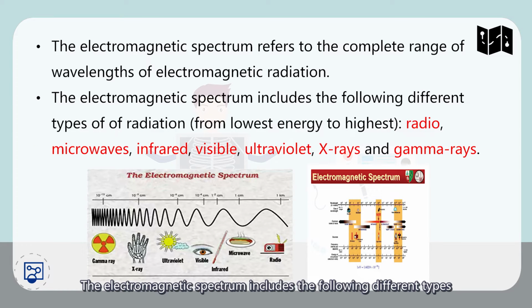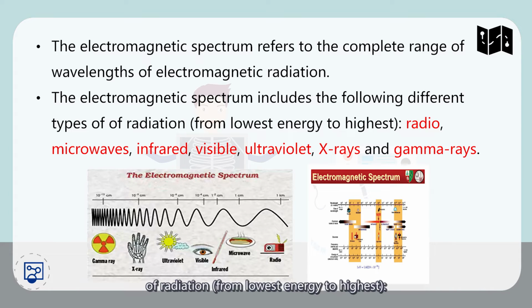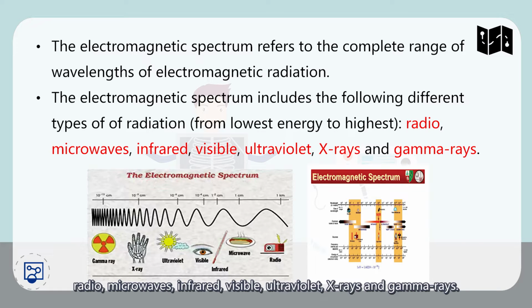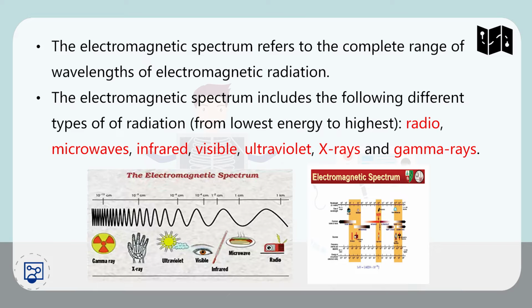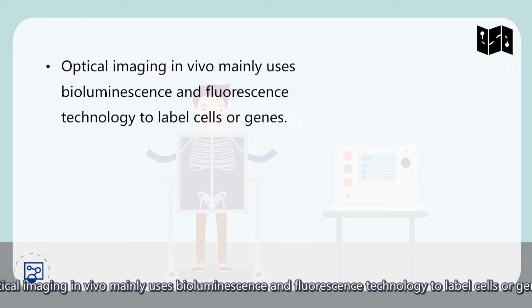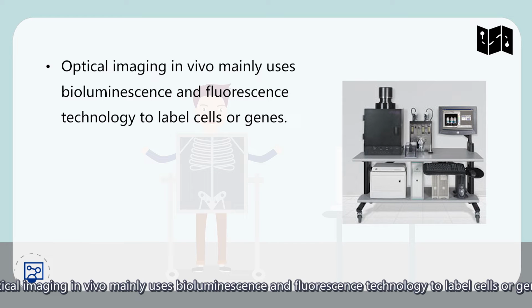The electromagnetic spectrum includes the following different types of radiation, from lowest energy to highest: radio, microwaves, infrared, visible, ultraviolet, X-rays, and gamma rays.